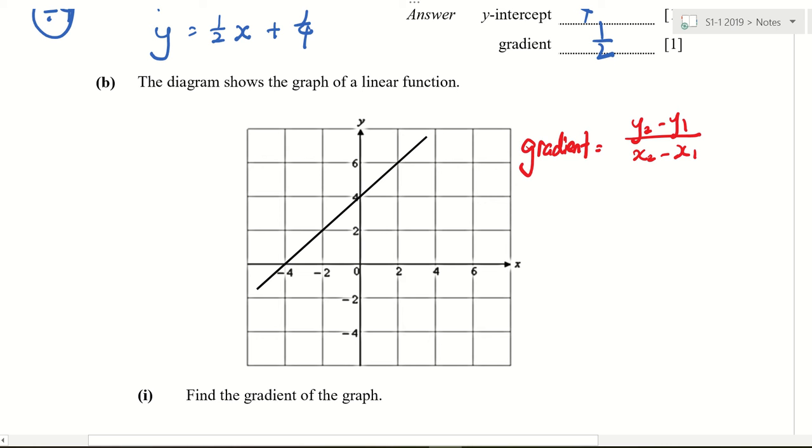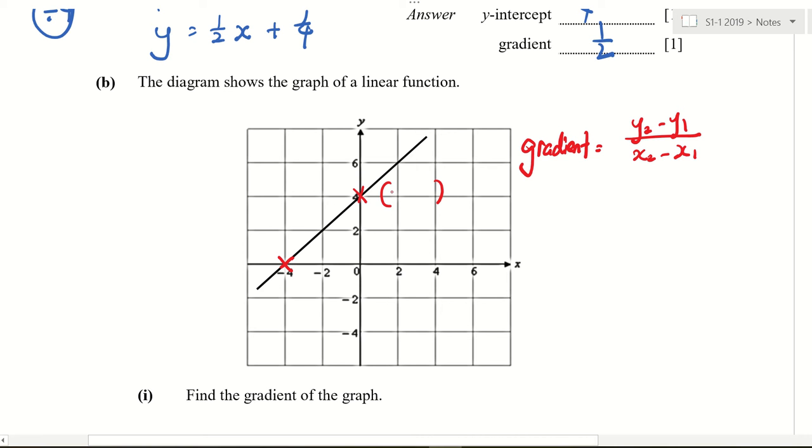Right? So what is the y2 and y1? First, I have to identify two points, two coordinates. So let me choose the easier ones to locate. Someone tell me what is the one at the higher one, the one on the y-axis.